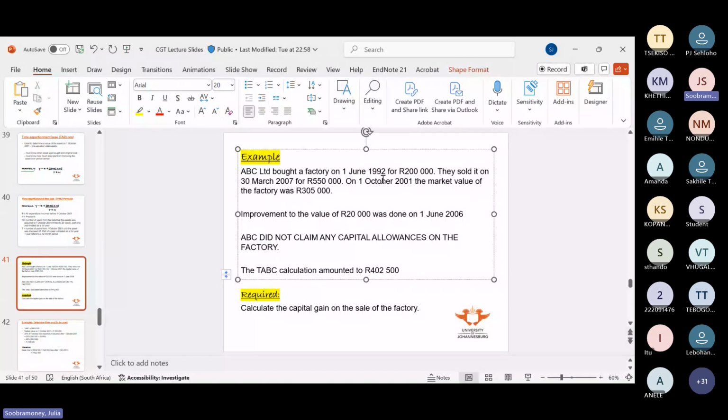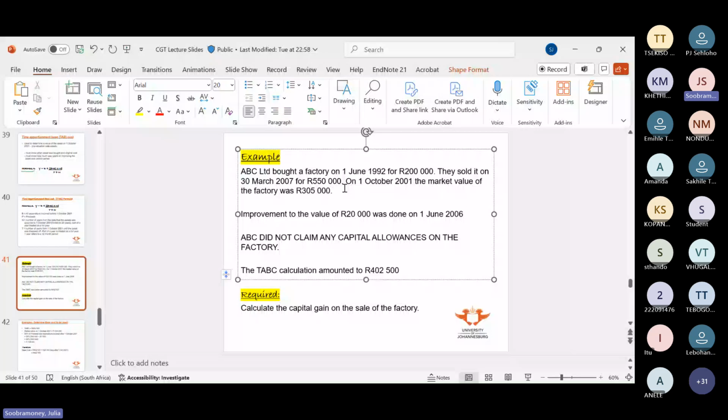I need to determine first my base cost on 1 October 2001. Then I need to adjust it up until the day that I sell it. So this is a pre-valuation date asset. They sold it on the 30th of March 2007 for 550,000. On 1 October 2001, the market value of the factory is 305.